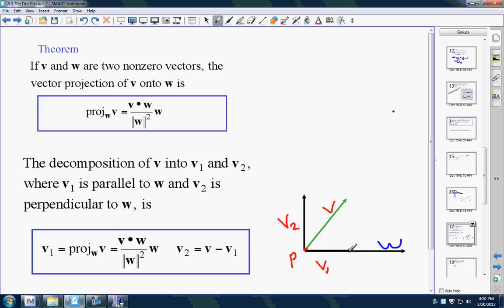So here's the block. Okay, we've tilted this picture again. The V1 is the projection of this guy down to here in that direction.